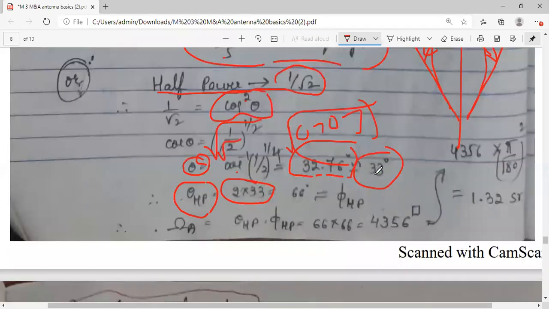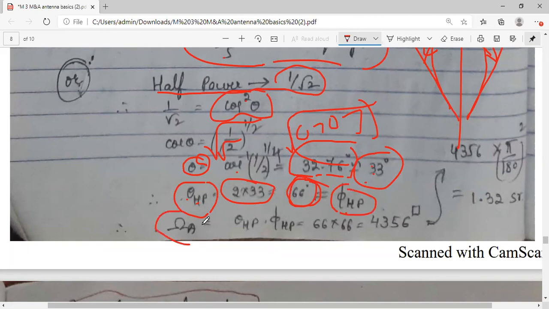So just like earlier, 33 into 2 you will get 66, and theta HP and phi HP both will be approximately same. So इसीलिए I have taken even here phi HP also 66. Theta we got 33, so half power beamwidth will be 66, double. And phi HP is also approximately same as theta HP.